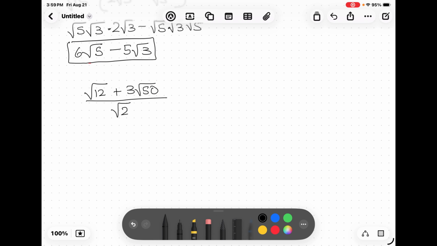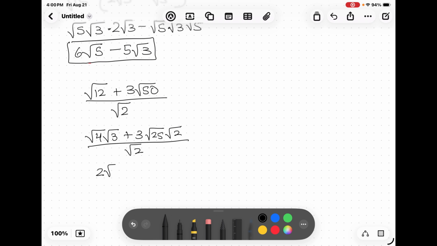So I can do some simplifying here, right? Square root of 12, that's the square root of 4 times the square root of 3. Square root of 50 is the square root of 25 times the square root of 2 over square root of 2.